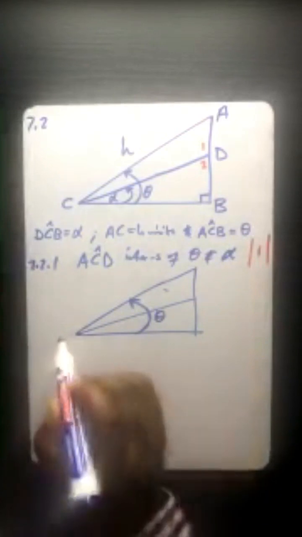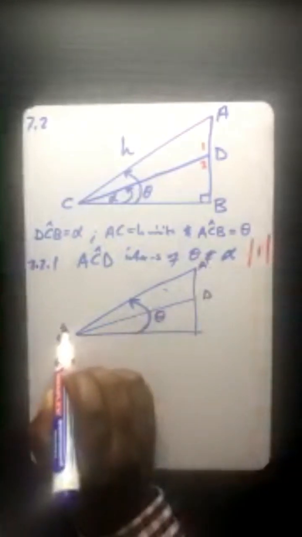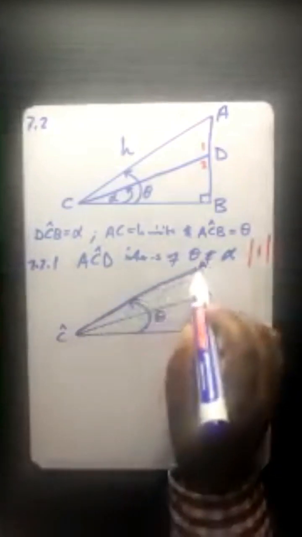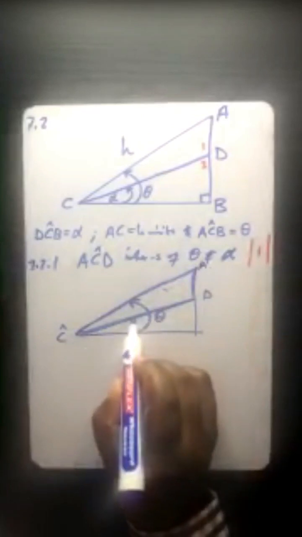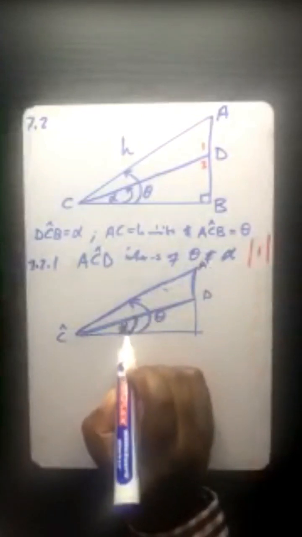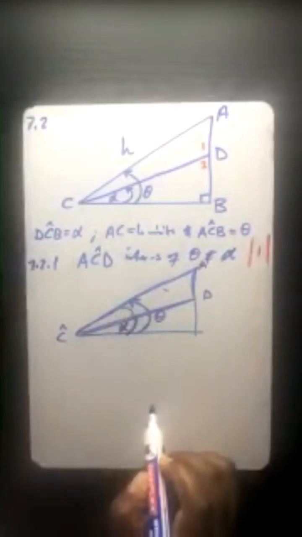So the question actually wants you to calculate that angle C in this triangle. That is why you need to cut this small angle there so that you remain with that angle.